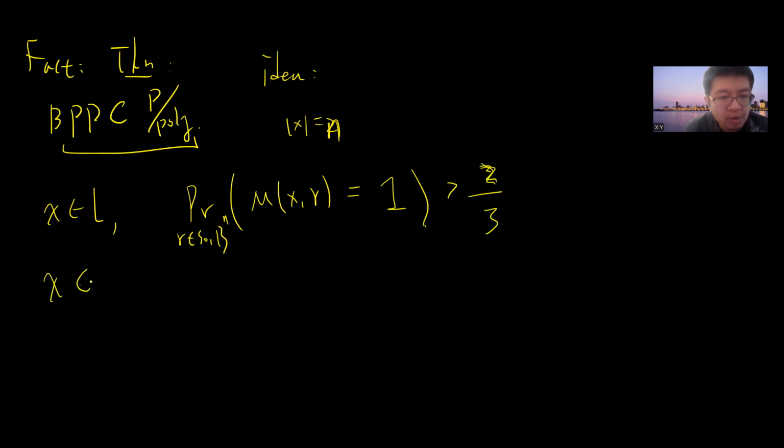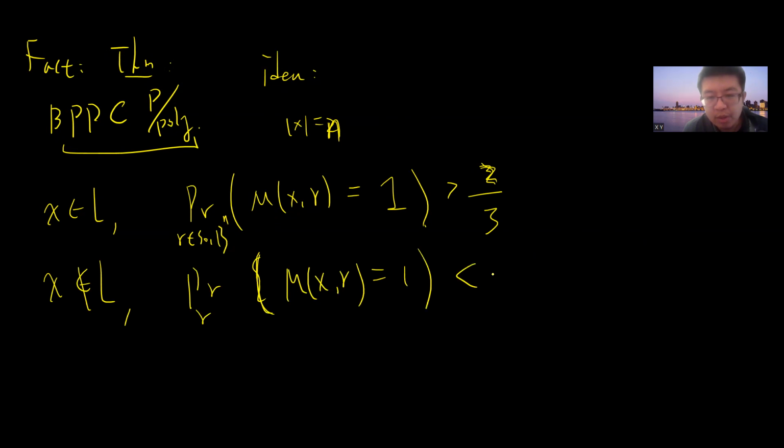And if x does not belong to L, then your probabilistic machine should reject, so it outputs 1 with probability less than 1/3. The idea is that you can use majority votes.